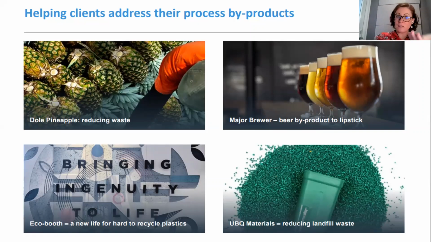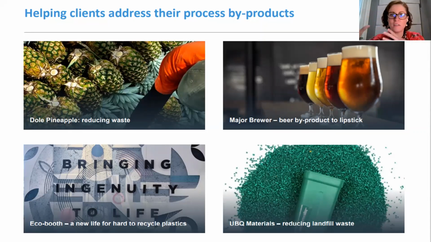Now, that's not completely circular in their own process, but it's a whole new business model that not only reduced the emissions from their own operations, but is also helping reduce the emissions in production from the cosmetics industry. So now you've got a brewer who's set up a whole separate venture so that their byproducts become feedstocks into the cosmetics industry.